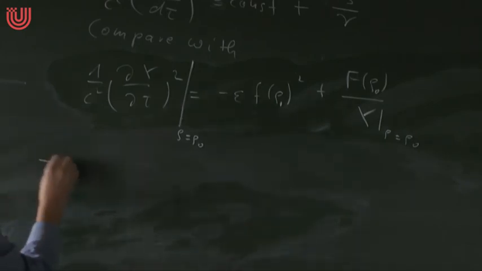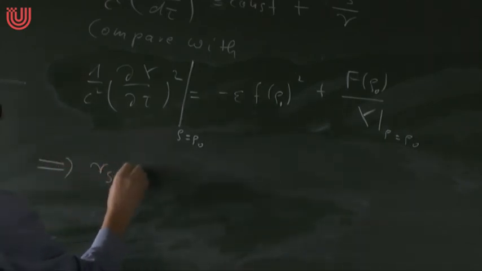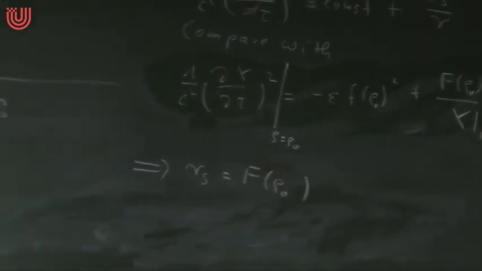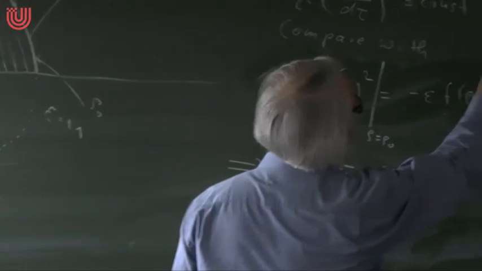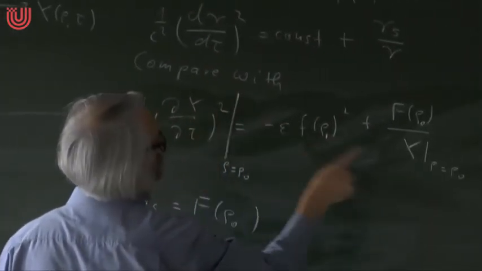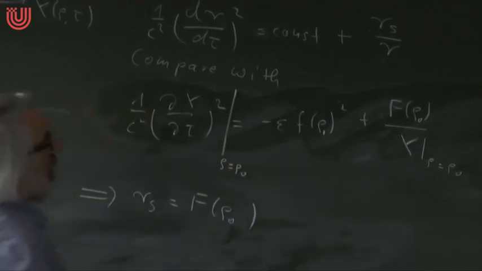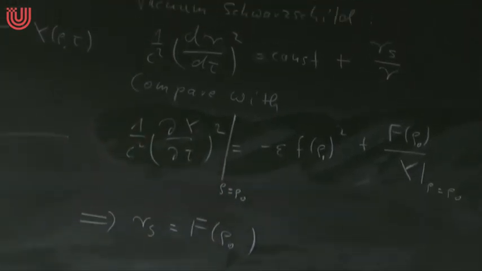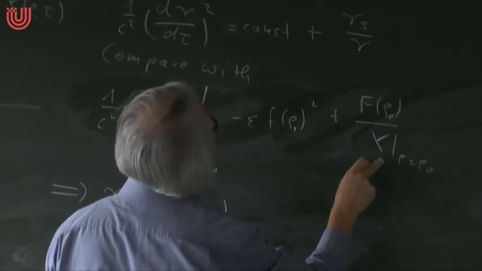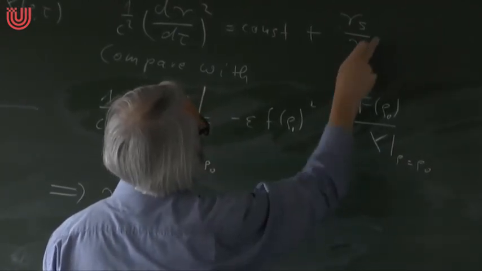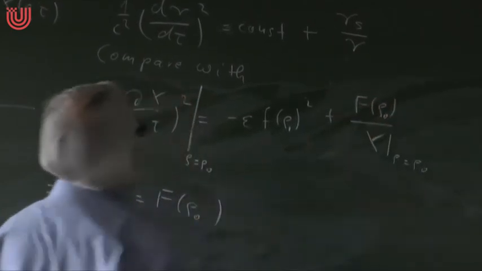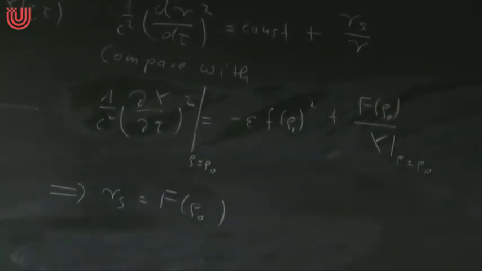Because the radius coordinate R in the exterior Schwarzschild spacetime corresponds to the y. So the tau dependence is only in the y, and here the tau dependence is only in the R.